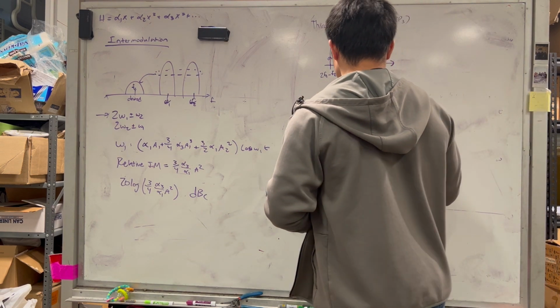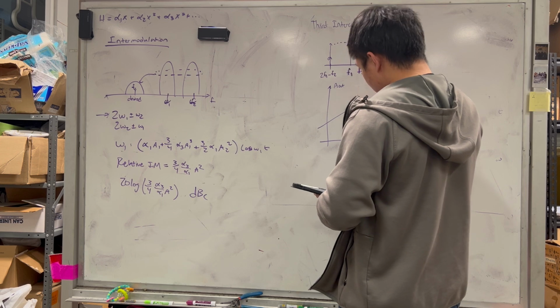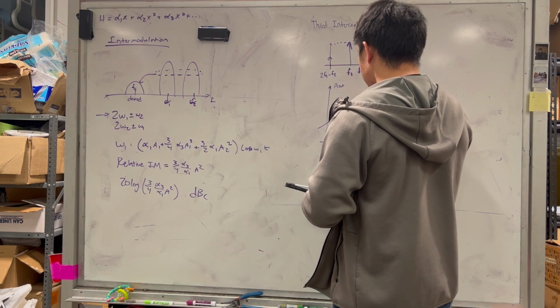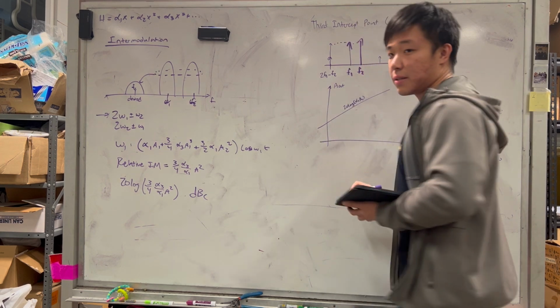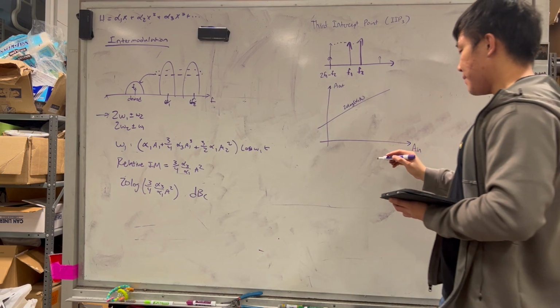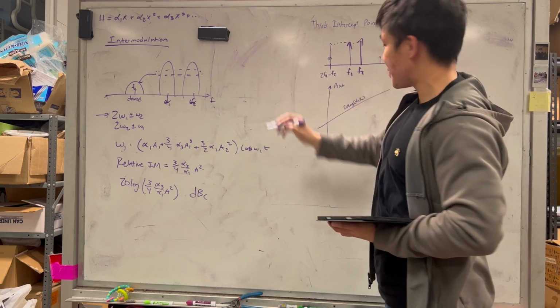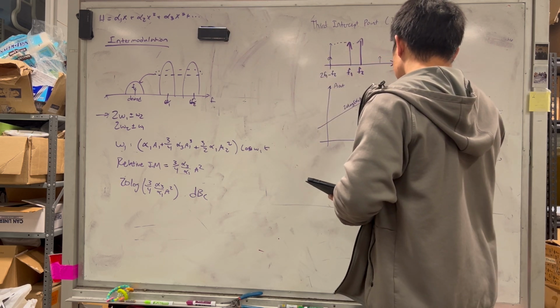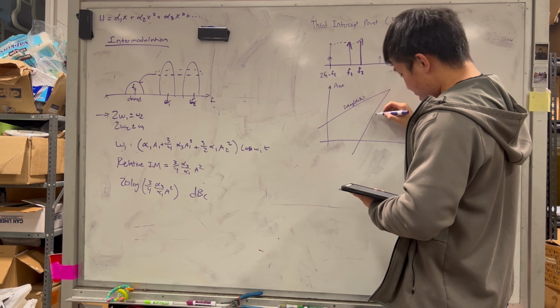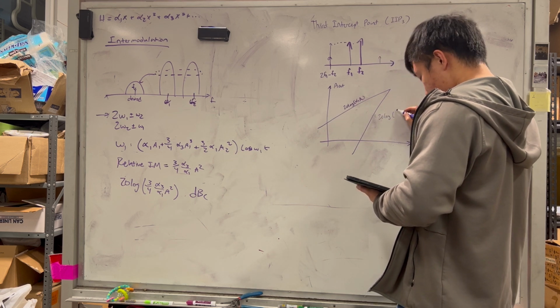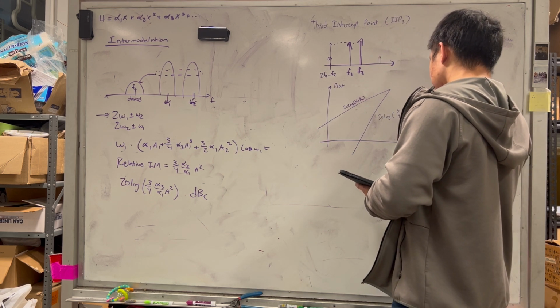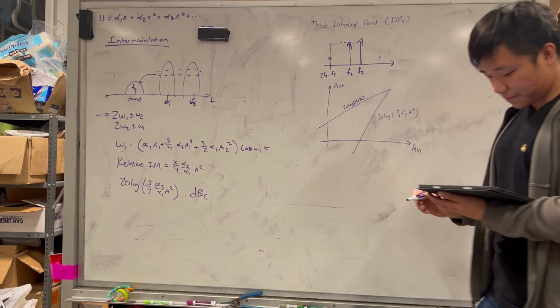Let's say you have some signal here. This is referring to the 20 log of alpha 1 A1, right? That's just your fundamental. And then you have another term, remember it's being raised to the third power, so it'll come up a lot faster, right? And this would be 20 log 3/4 alpha third AQ, right?